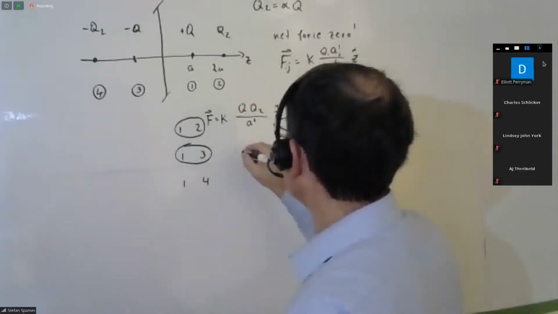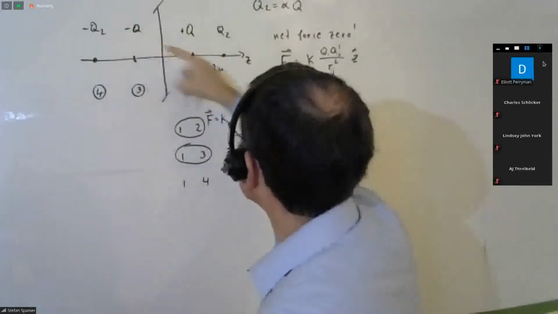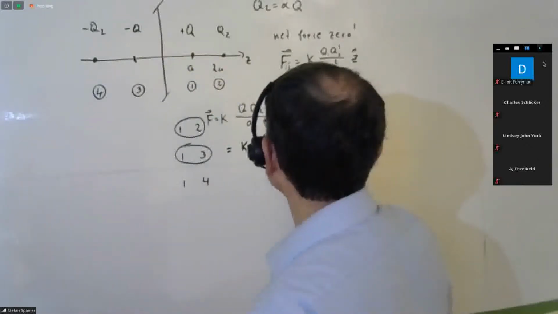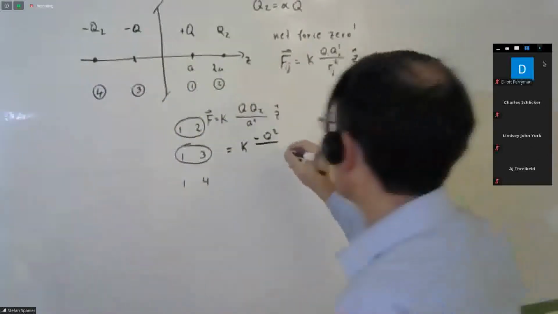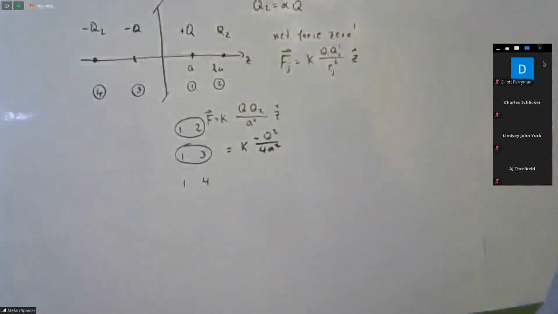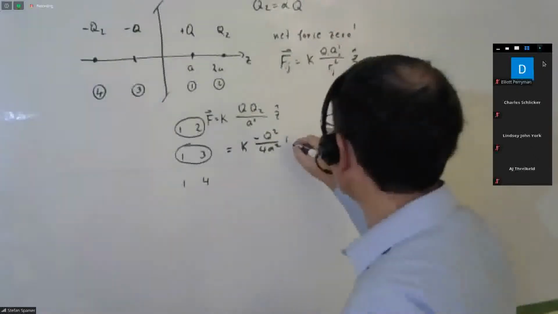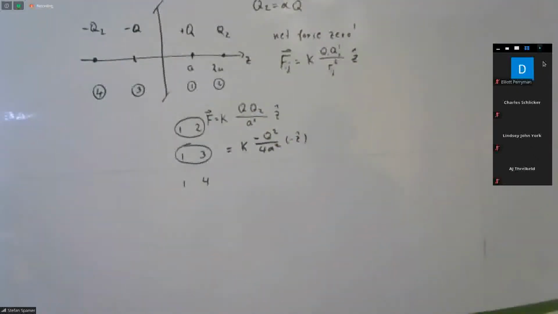F13, K, this is minus Q squared over, they are separated by 2A, so it becomes 4A squared. And now the direction in this case, minus Z. Yeah, that's critical.